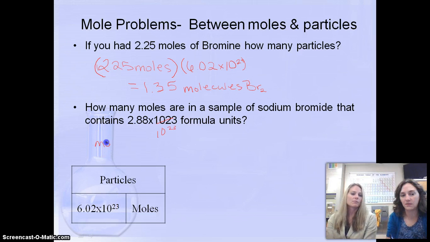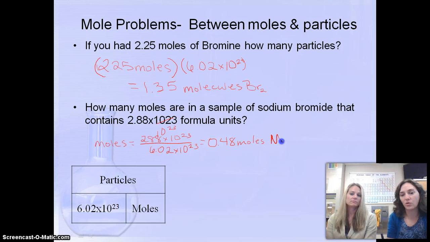Moles equals our particles, 2.88 times 10 to the 23rd, divided by 6.02 times 10 to the 23rd. That gives 0.48 moles of NaBr.